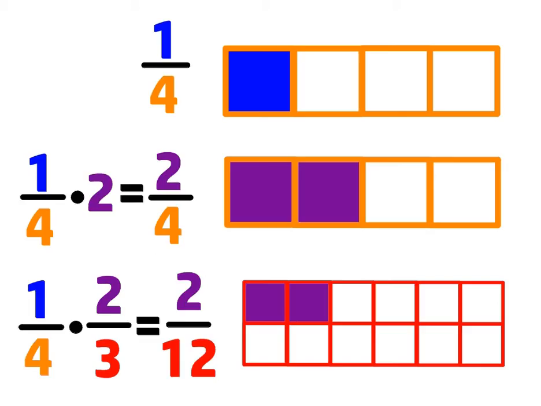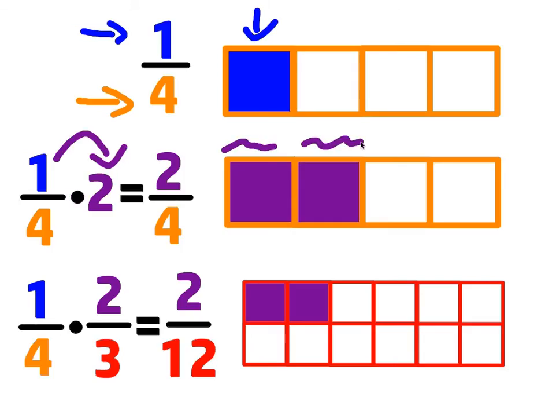Let's look at 1/4. Okay, so we have 1 part to 4 total. And the way we would do that is just this picture on the left, right? We have 1 blue piece out of 4 total. Okay, now let's take that and multiply it by 2 like we did before. What ends up happening is now we have 2 parts to 4 total.